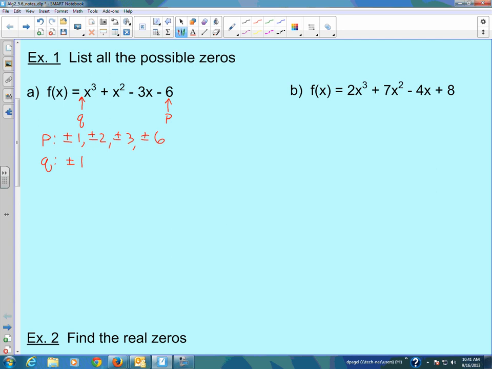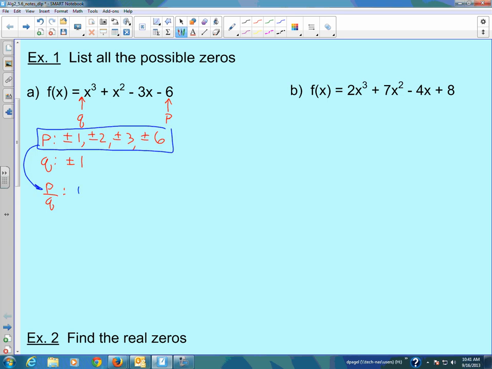All right, then, what do I do? I look at the ratio of these p to q's. And here they are. These are the possible factors. So when your q has just the factor of 1, then you can use the p factors, and they become your p over q ratios that you can test.